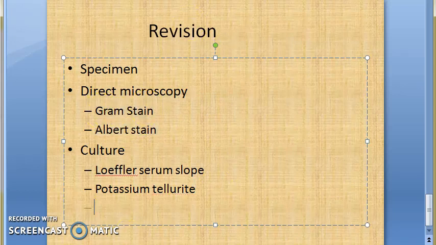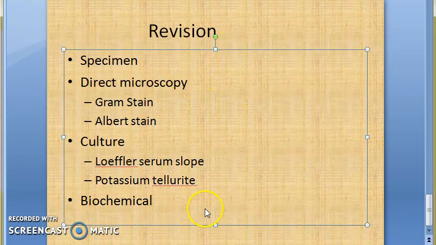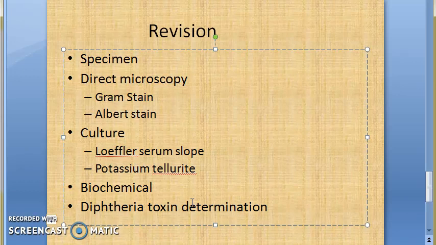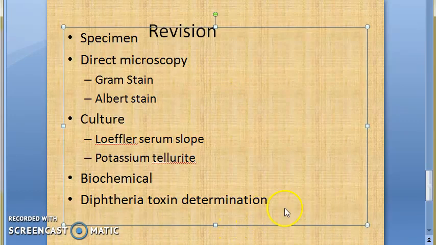Then what was the fourth step? Fourth step was biochemical investigations. There we saw Hiss serum sugar, right? And then we saw urease is negative. Then the last slide we saw diphtheria toxin determination.